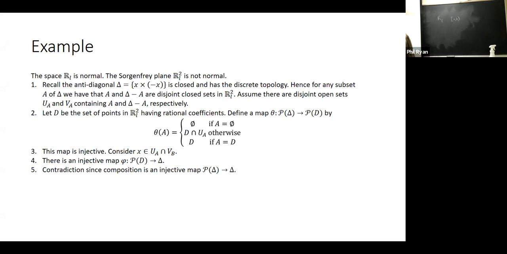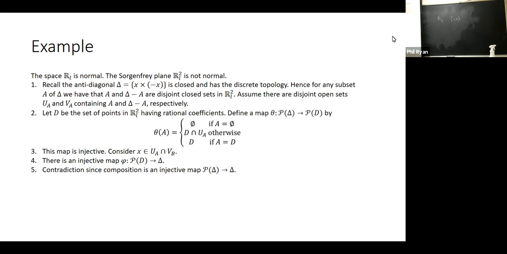So this is what I was telling you about before, about how normality is not kind of nice with respect to the other concepts. So here we have a product of normal spaces not being normal. Okay. Again, this is why the Sorgenfrey plane lives, because it's a nice counterexample to things.